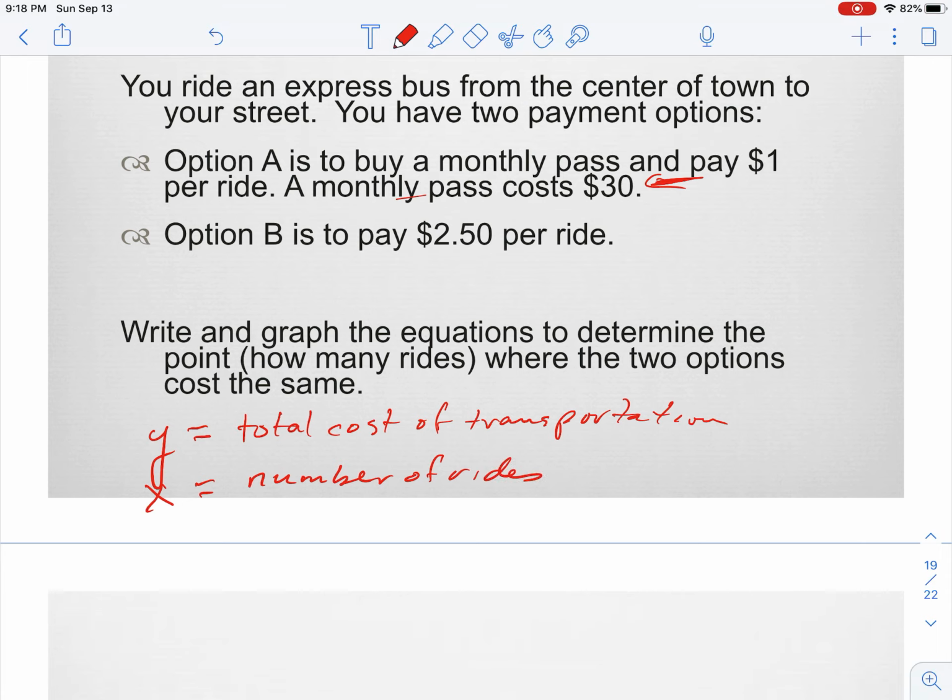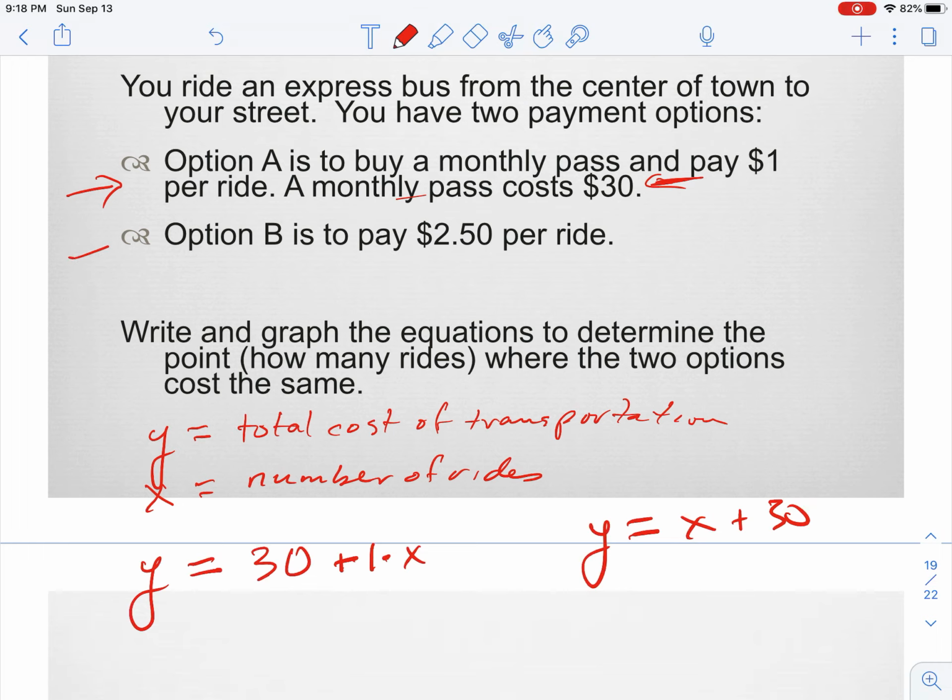So let's look at option A. The total cost of the transportation is going to be equal to $30, that's the monthly pass fee, plus $1 times however many times we ride the bus. So really, I could write this equation as y equals x plus 30.